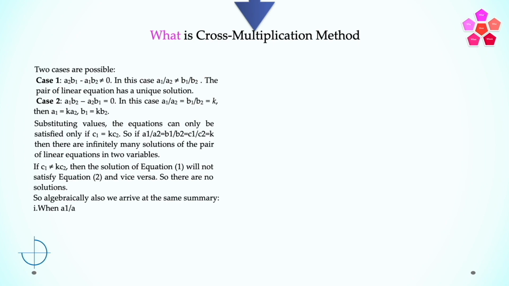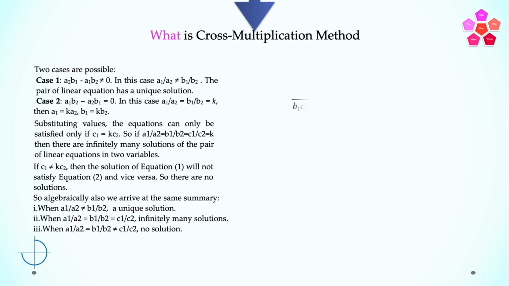When A1 by A2 is not equal to B1 by B2, we get a unique solution. The second case is when A1 by A2 is equal to B1 by B2 is equal to C1 by C2, there are infinitely many solutions. And the third case is when A1 by A2 is equal to B1 by B2, but that is not equal to C1 by C2, there is no solution.